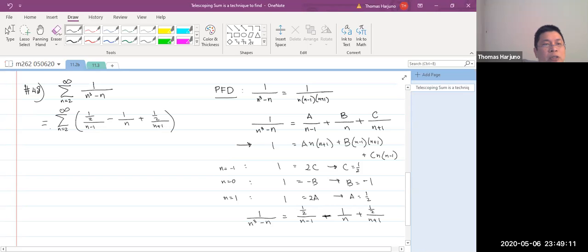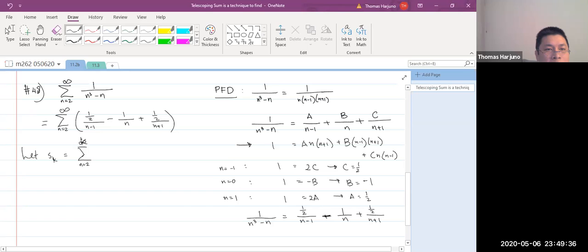Okay, now let's consider the kth partial sum. You can use I or K also; let me use K this time. The starting point, the starting N, is actually not 1 but 2.